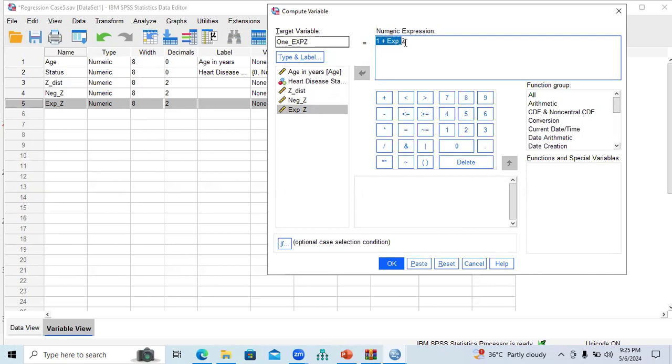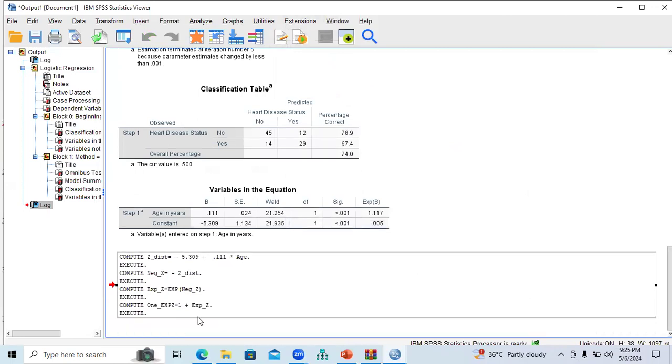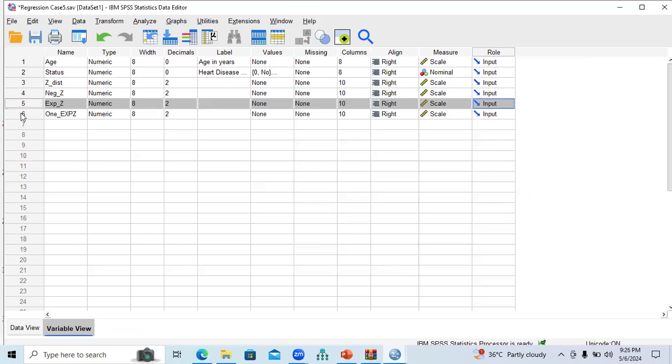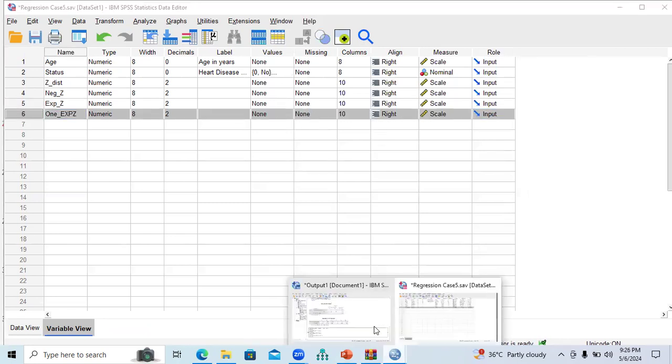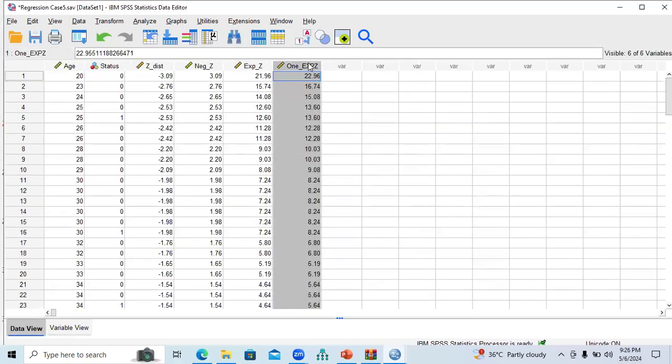So it is 1 plus exponent Z. Click on OK, and it will execute the command. After doing this, you need to verify 1 plus exponent Z has been created here. You can also verify from the data view.